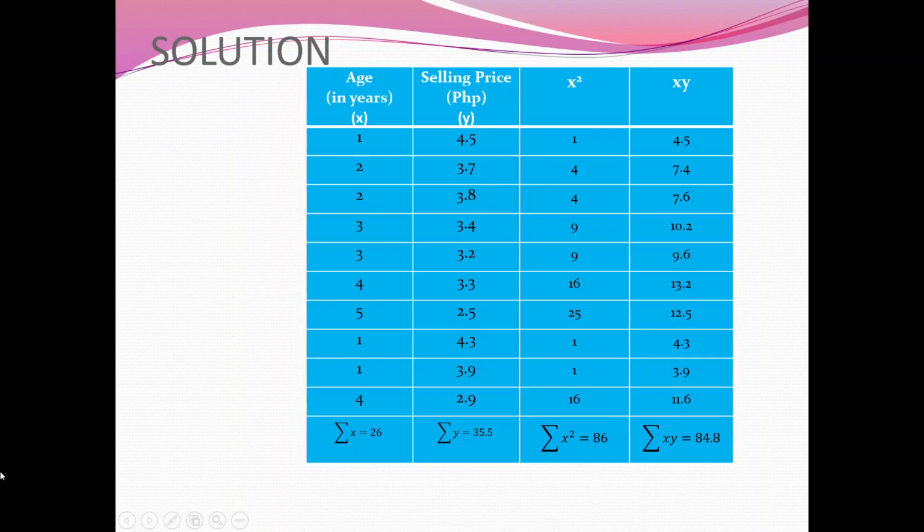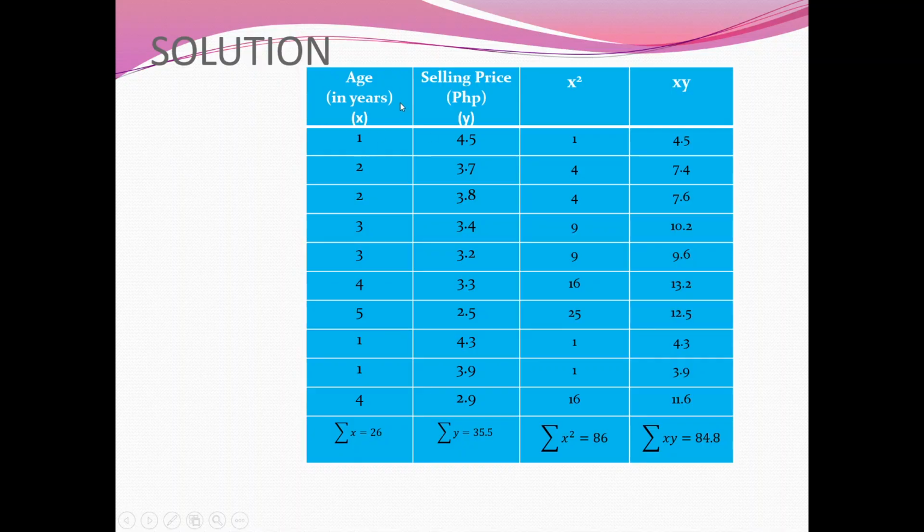And then similarly, in order to find the linear regression equation, we need the sum of the x and y and the sum of the x squared together with the sum of the product of the xy variables. Finding the slope intercept values or equations, we need to look for the value of a as our y-intercept and the value of b as our slope.